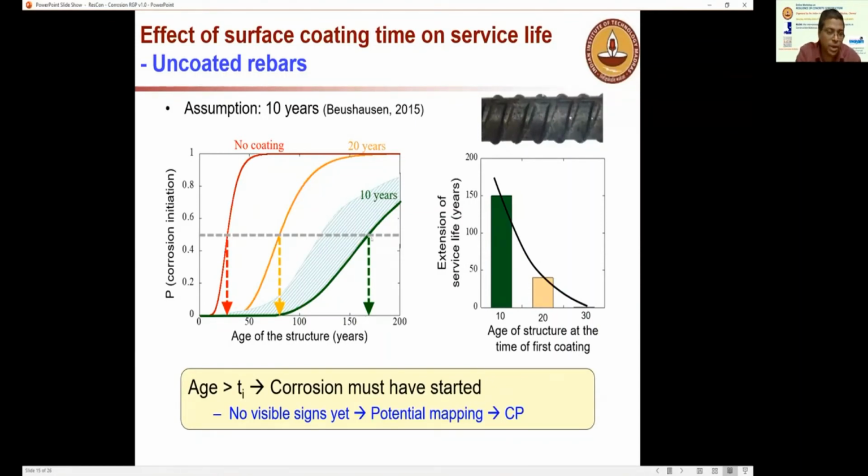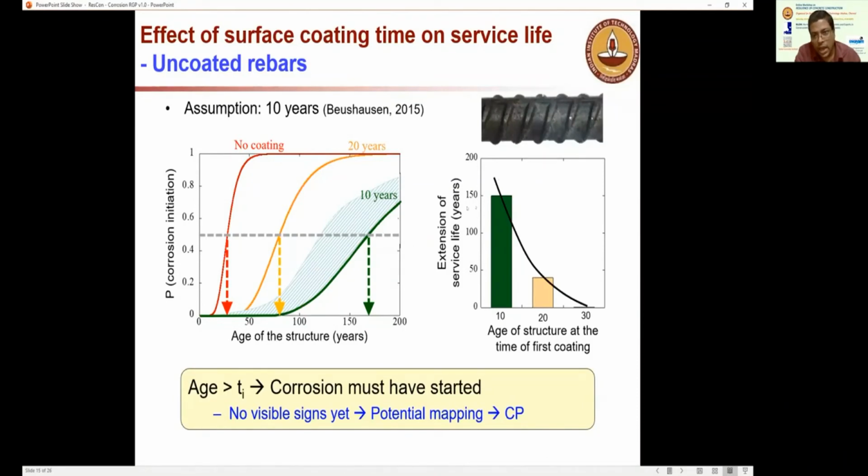But this is a preliminary study, so this whole green range is there. That means we have assumed that the coating will degrade in 10 years, so every 10 years you will have to redo the coating. That's the trouble with this methodology: every 10 years this repair procedure or remedial measure has to be taken up.